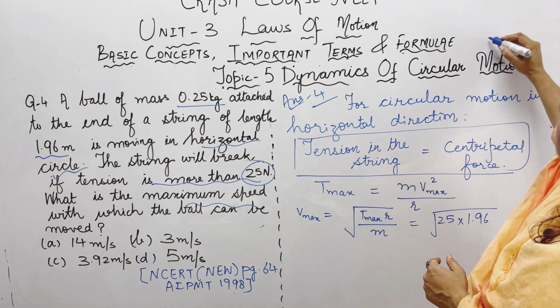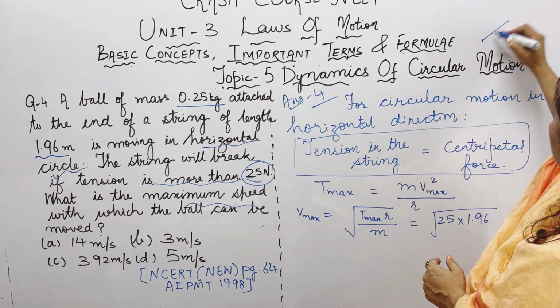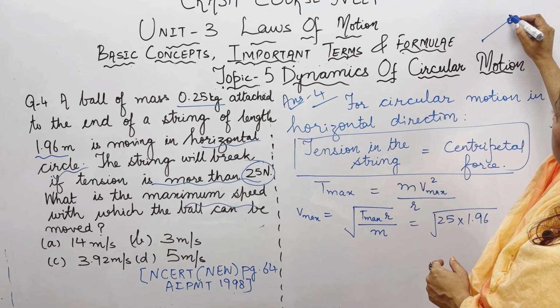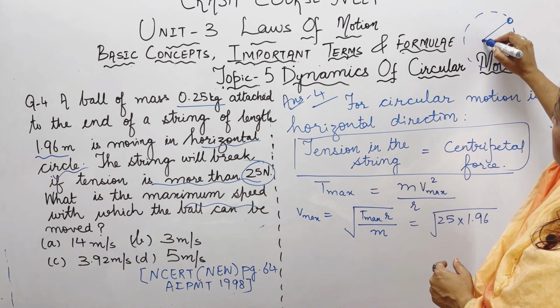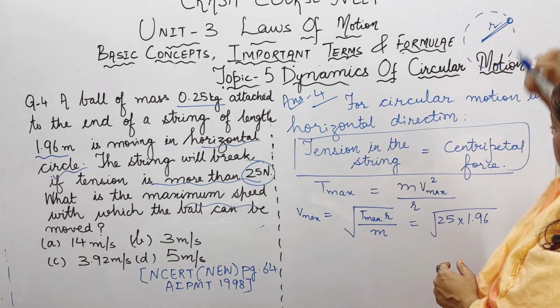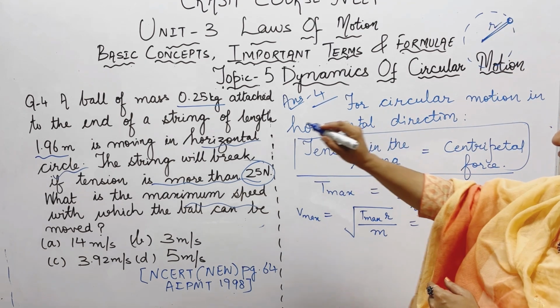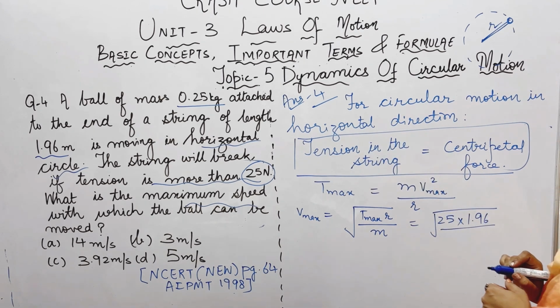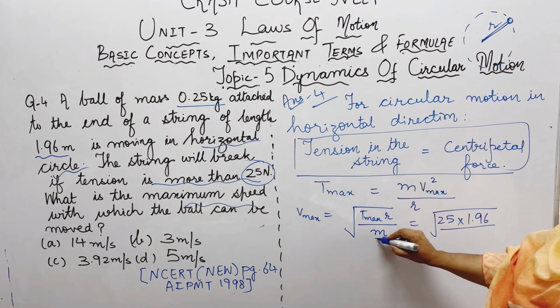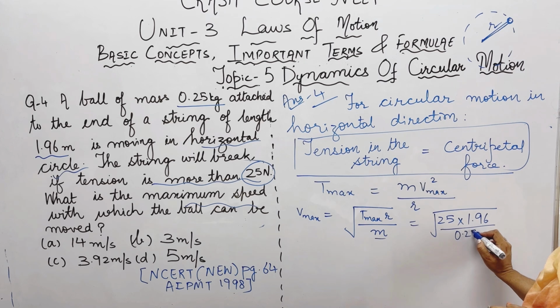See, this is the body attached to this, and it is going to move in a circular motion, so this length will become the radius. So the length of the string is 1.96, that will be the radius, and the mass is 0.25.